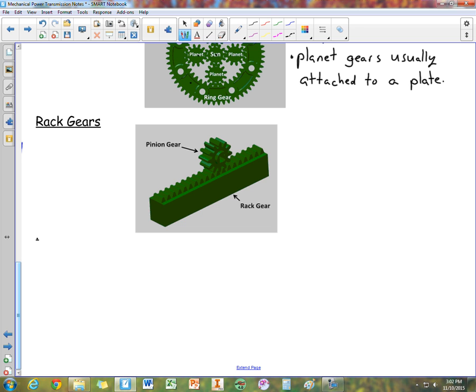All right, the final type we have here is called the rack gears. Usually we call it rack and pinion. This is the type of gear system that's used in your car for steering, believe it or not. And what's kind of cool about these is it'll convert rotational motion into linear motion.